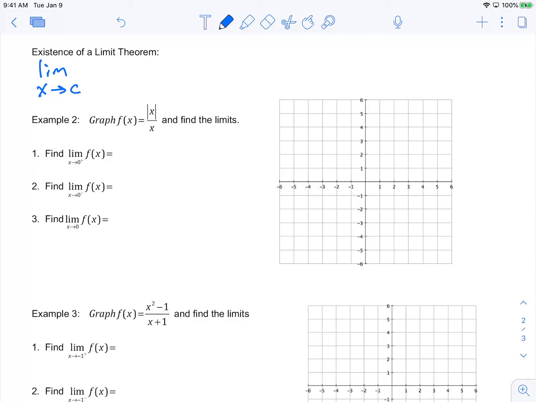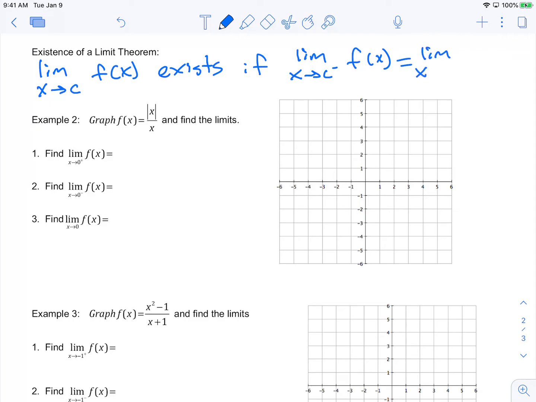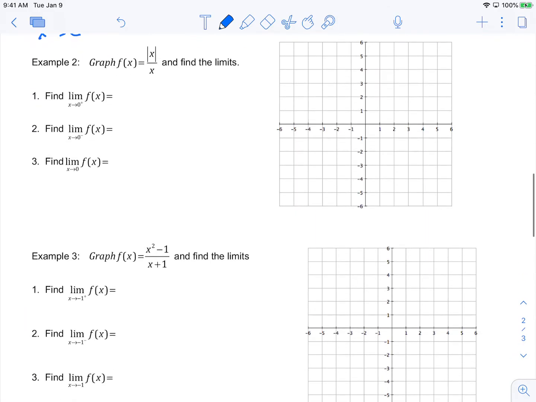The limit as x approaches c of a function, f of x, exists if the limit as x approaches c from the left of the function is equal to the limit as x approaches c from the right. In other words, if the left-hand limit and the right-hand limit are the same, then the limit at that value is going to exist.